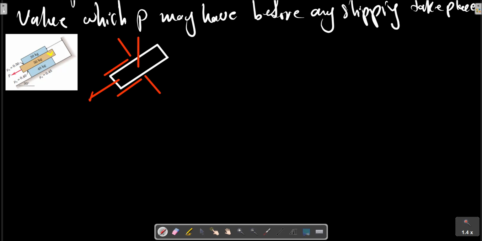So we have P, two friction forces, contact forces, and the gravitational force. We can name them F1, F2, N1, N2, and M2G.